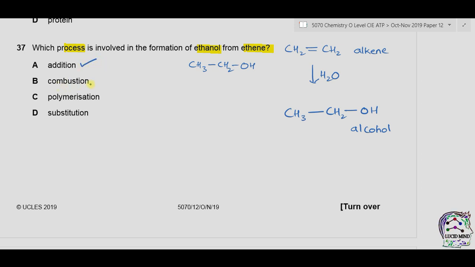B is combustion. In combustion ethene combusts to form carbon dioxide and water. C is polymerization. In polymerization ethene molecules come close together to form a long chain of polyalkene. D is substitution. Alkenes do not give substitution reactions. So A is the correct answer.